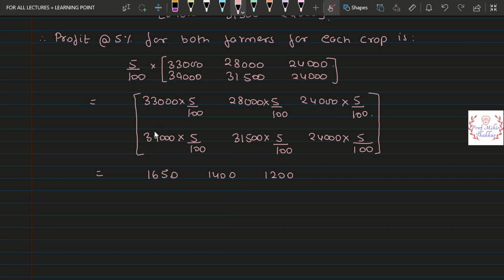Again, 10% of 39,000 will be 3,900, so half of that will be 1,950. When we solve for the second one, we will get 5% of this as 1575, and again 5% of 24,000, 1,200.